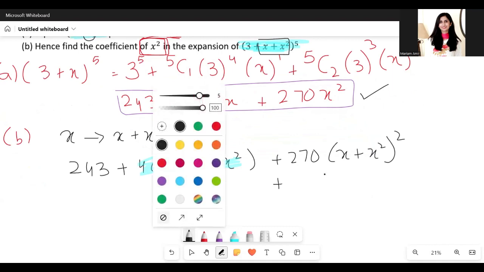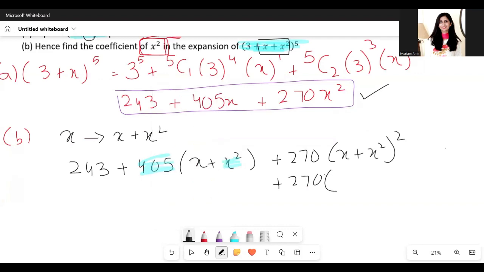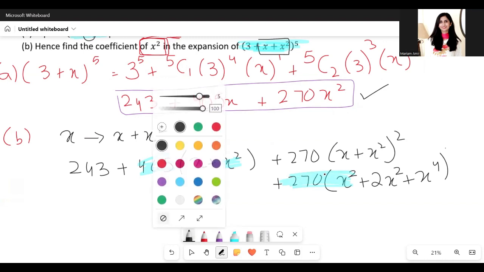It's going to be, the third one, 270. Let's expand this. It's going to be a squared plus 2ab. That's going to be x cubed plus b squared, which is going to be x power 4. So we also need this. So these two products will give us the x squared terms.